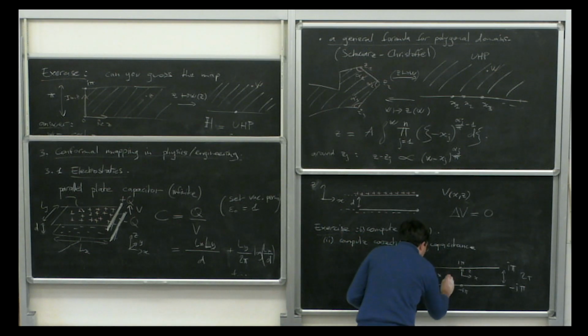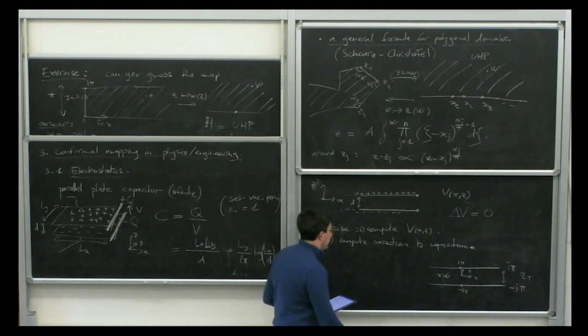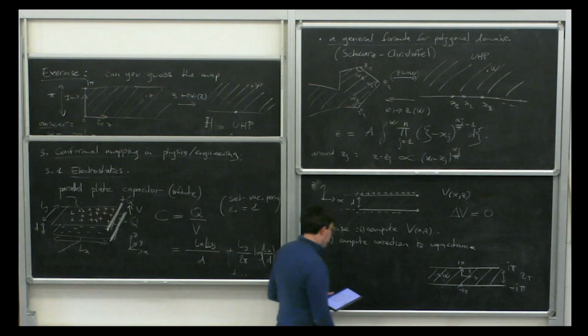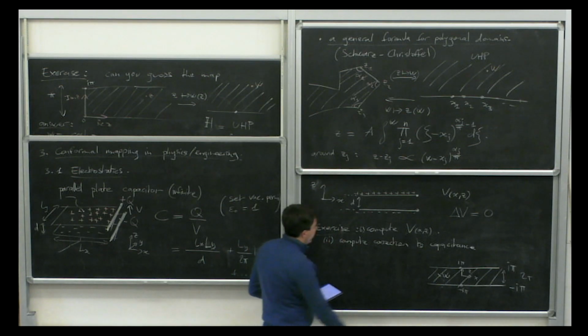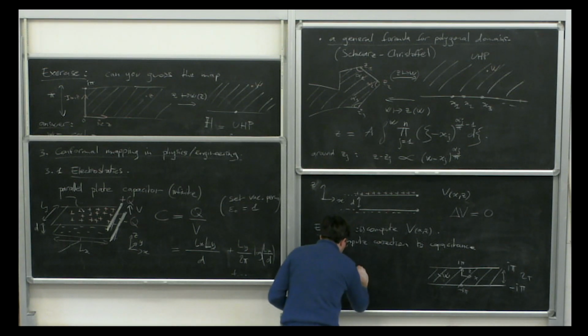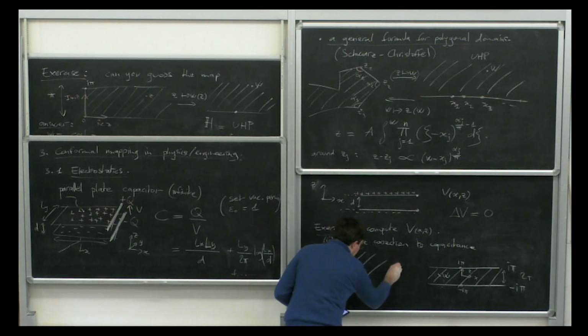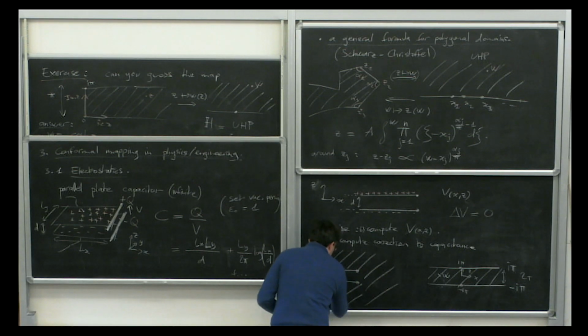So this is some coordinate, let me call it w, in that infinitely long strip. And we need the conformal map from here to here. So let me draw it again. A conformal map from this domain to this domain here.